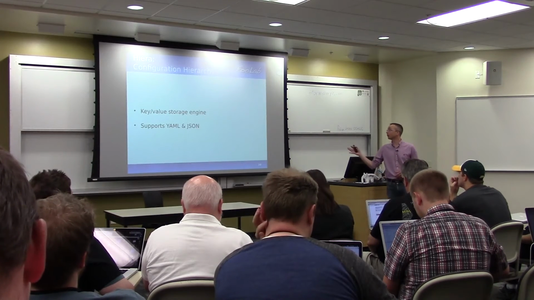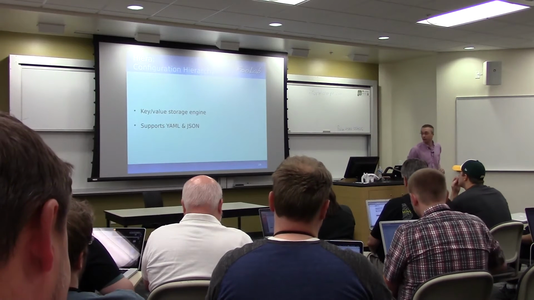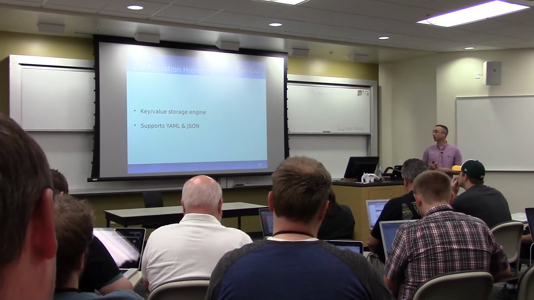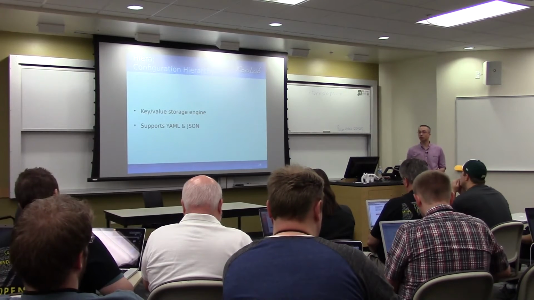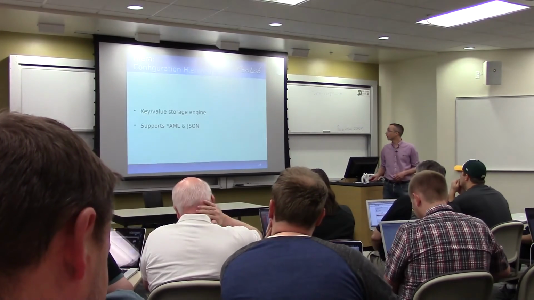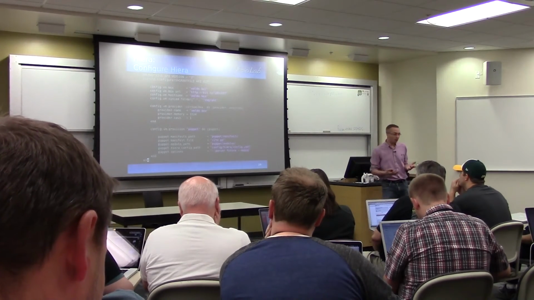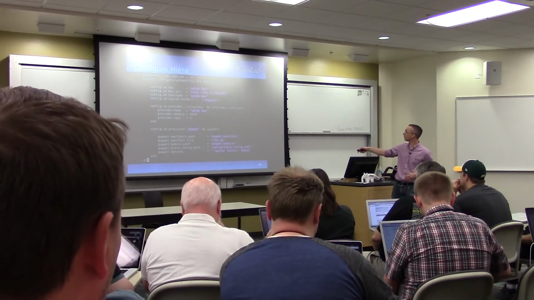The way to do this is with configuration hierarchy. Hiera is a key-value store engine for Puppet, which supports JSON and YAML. It's pretty cool. Sorry, I'm getting ahead of myself.